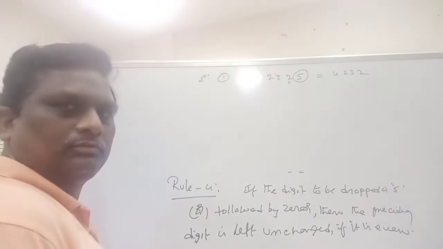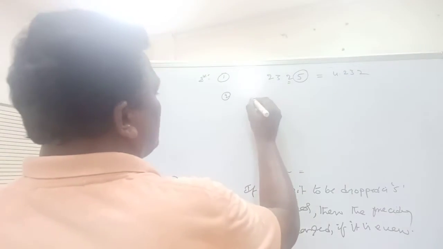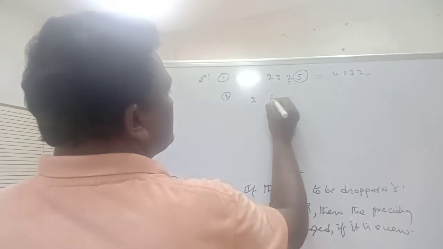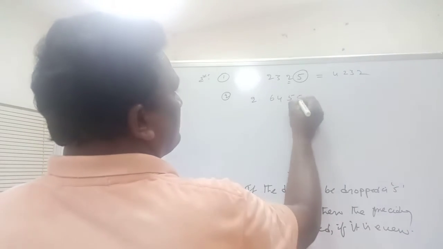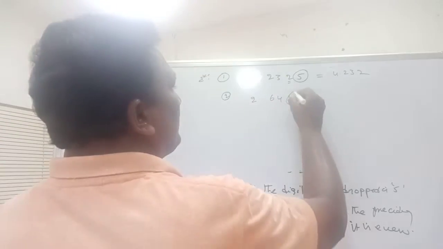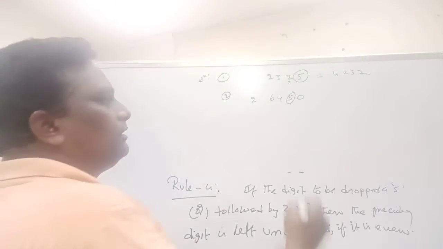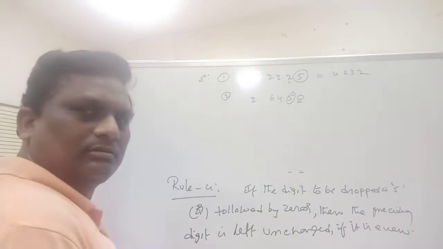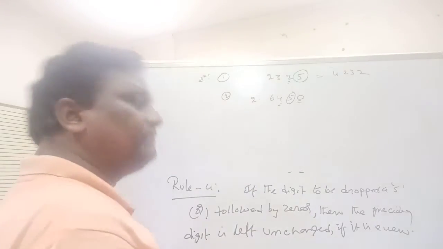Can you understand? One more example I am giving. Suppose 2.6450. Now you want to drop this 5. If the digit to be dropped is 5, followed by zeros, then the preceding digit is left unchanged if it is even.